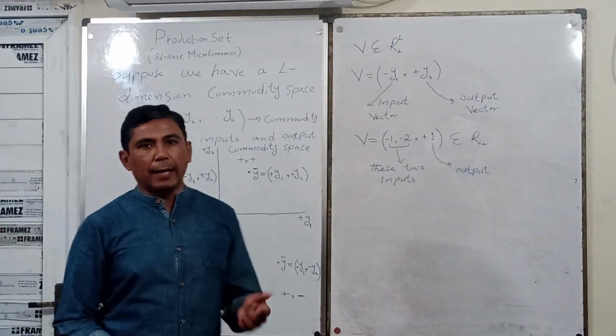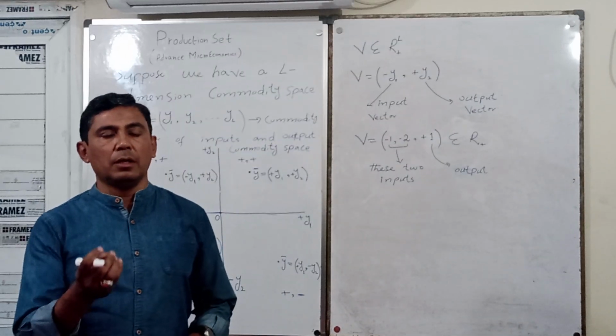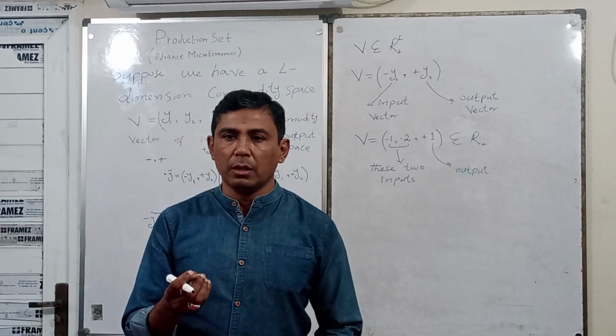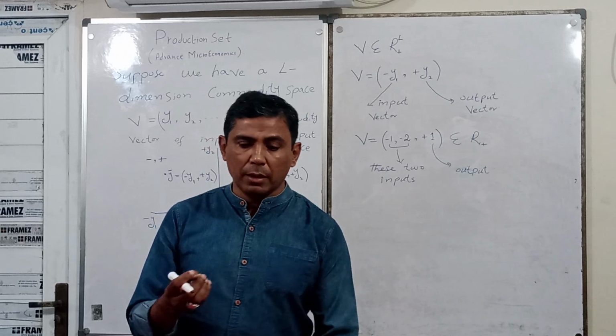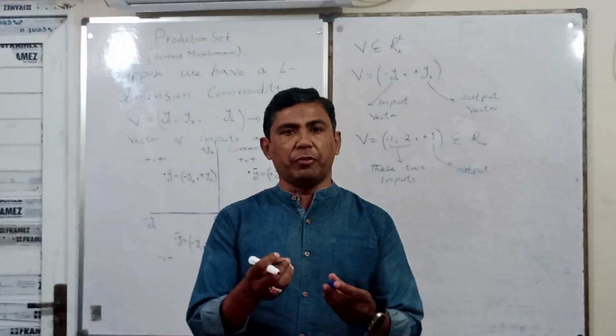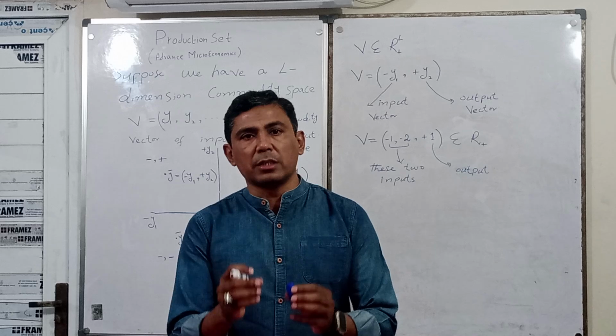Now there is another definition of production sets and production plan. There is a technical difference between them. The technical difference is that a production plan may be feasible or infeasible. What does it mean?